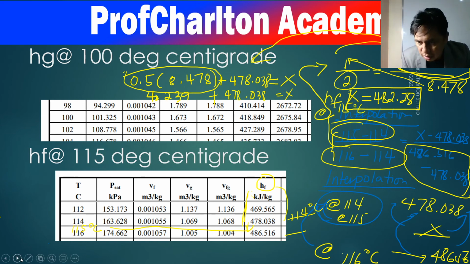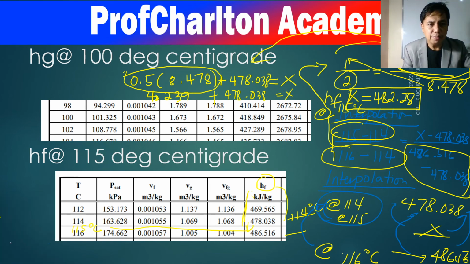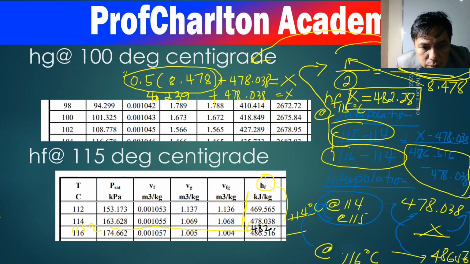So we'll change this into black. 482.28. So here, this one, 478.038, is at 114. So now at 115, it is 482.28, right?